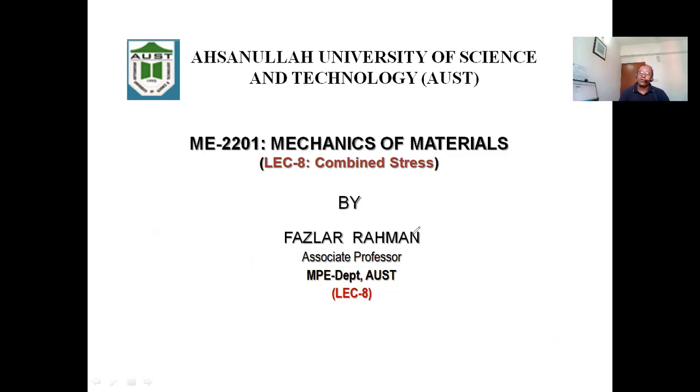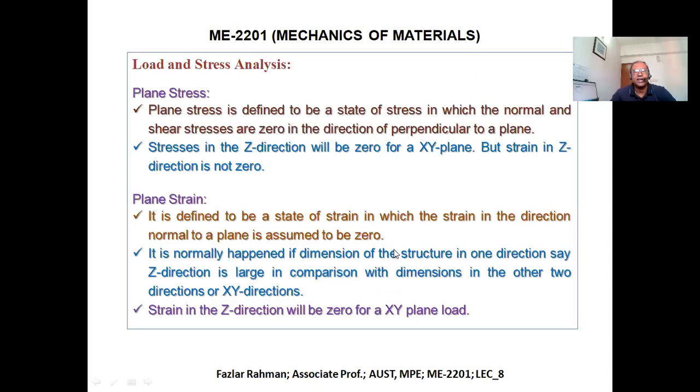So to figure out the combined stress in a structure, we need to know some definitions. For example, if you like to buy a computer, you need to know what is the RAM, what is the CPU, what is the hard drive, what is the gigahertz, megahertz, right? So let's go through the slide.